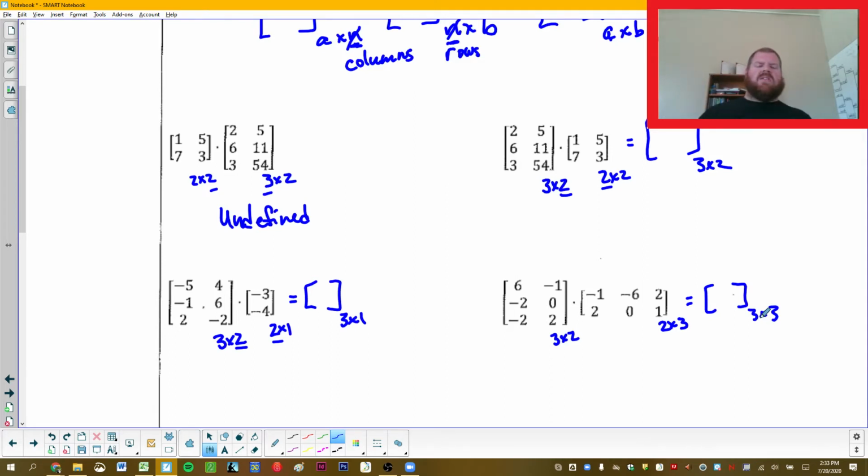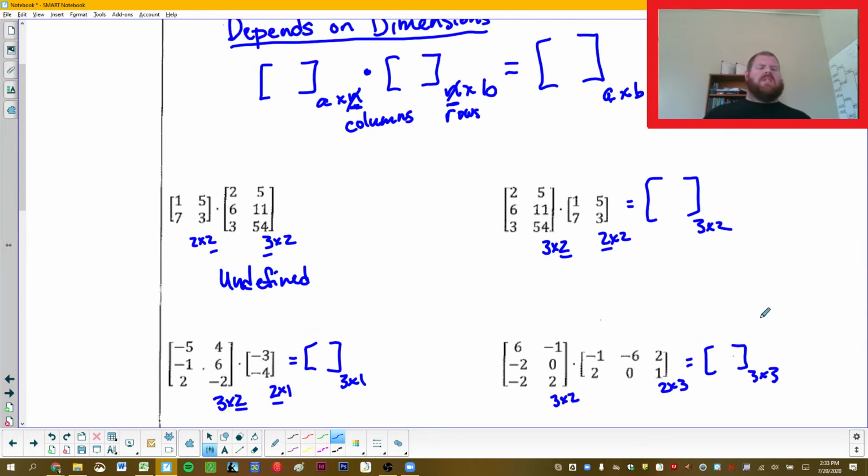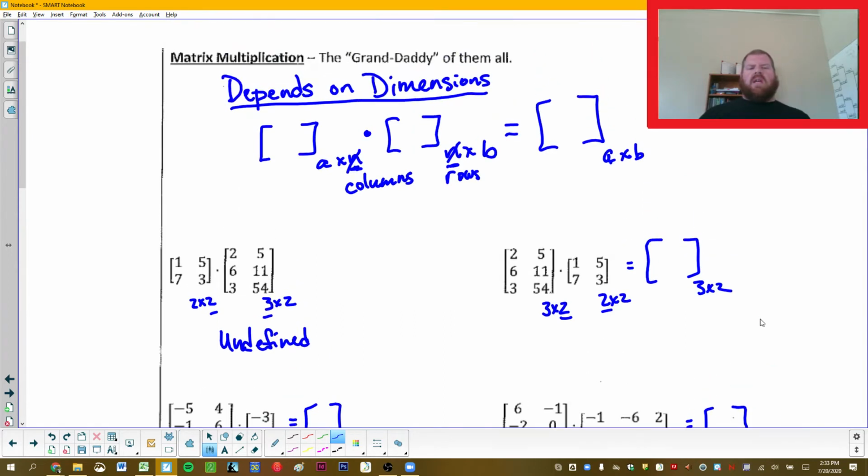Okay, now let's look at how we actually multiply these, because it's not just by entry. In order to get this first entry, it comes from this row and this column.